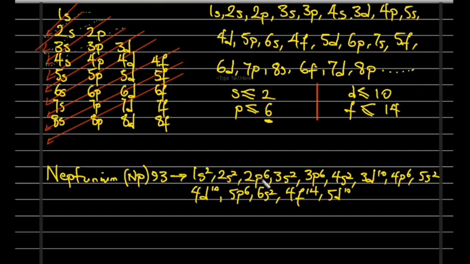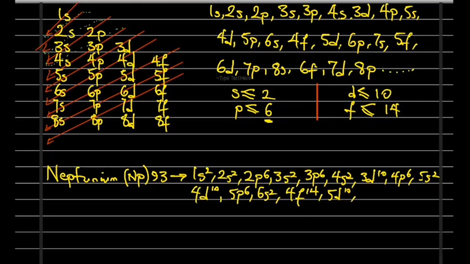2 plus 2, 4, plus 6, 10, plus 2, 12, plus 6, 18, plus 2, 20, plus 10, 30, plus 6, 36, plus 2, 38, plus 10, 48, plus 6, 54, plus 2, 56, plus 14, 70, plus 10, 80. Okay, we have gotten to 80 right now.